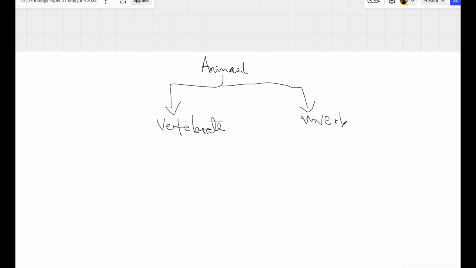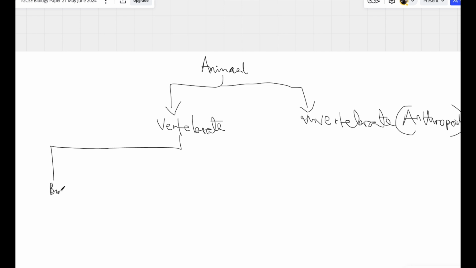Please take note: in the exam paper, they will be using the word arthropod for the invertebrate. They may not mention invertebrate. These are organisms that are smaller and have other characteristics that we're going to describe.